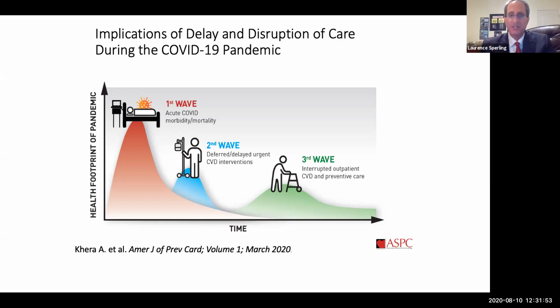Clearly, the acute morbidity, mortality related to the viral illness itself, the cytokine surge that occurs in some individuals, and then we have several other intersecting challenges amongst us every day right now. The delay of cardiovascular care and interventions, and then the interruption of continuity of care and clearly preventive care across populations. Next slide.